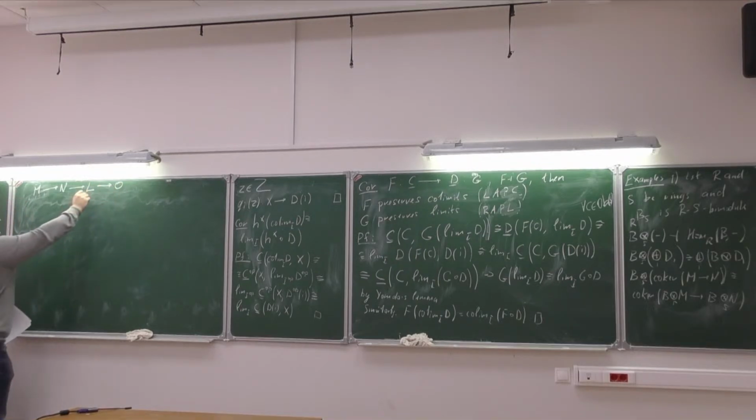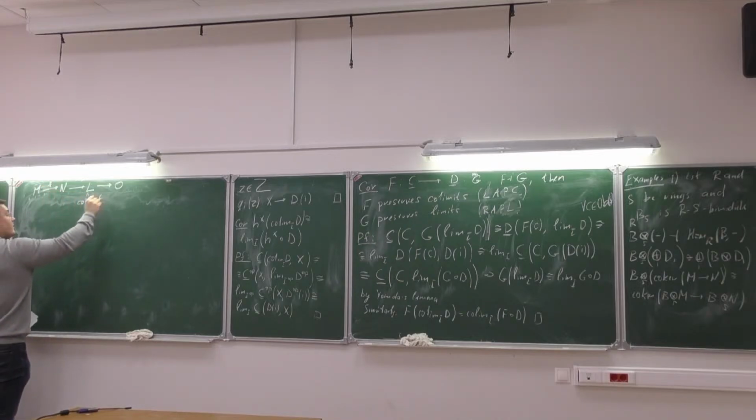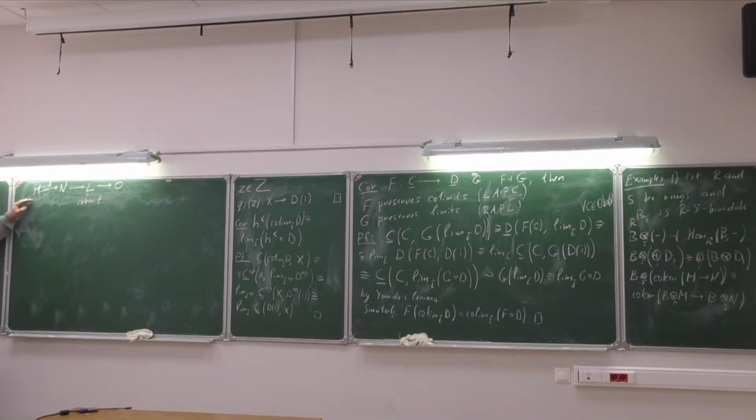So this is f, and this is the cokernel of f. So you have this sequence of modules and maps, and the sequence is exact on the right. If I say this is exact on the right, it means that I have a map, and the cokernel of the map is this last object. This is something from homological algebra. We're going to study this in more detail in the second half of the semester.